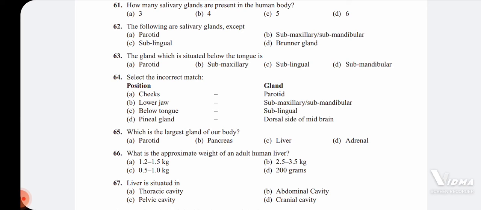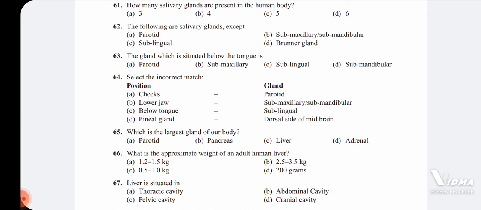Next, select the incorrect match. Here they have given the position and the presence of the glands. Cheeks, in the cheeks there is the presence of the parotid glands. Option B, lower jaw, there is the presence of submaxillary or submandibular salivary glands.